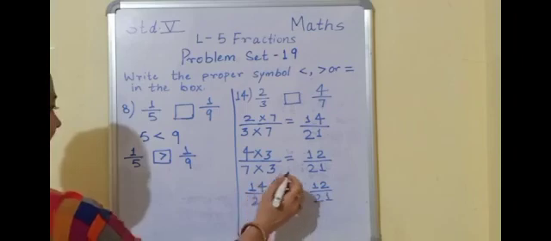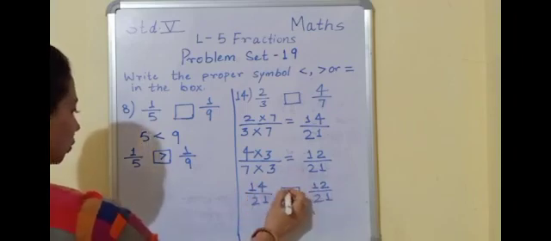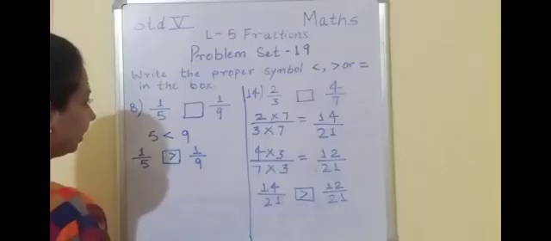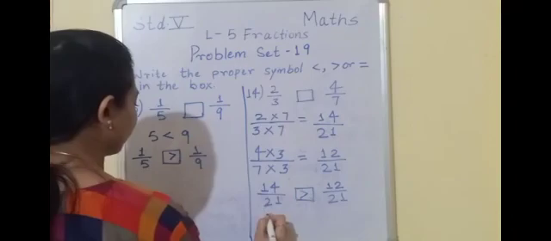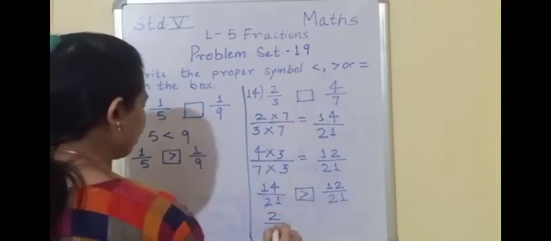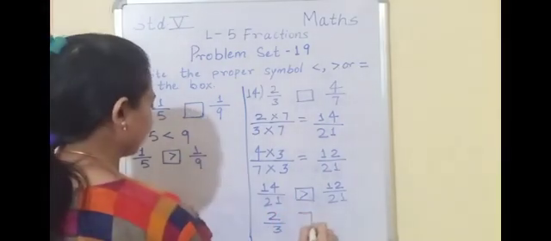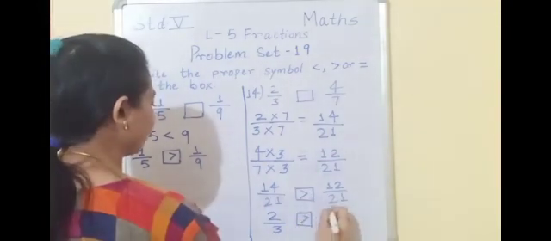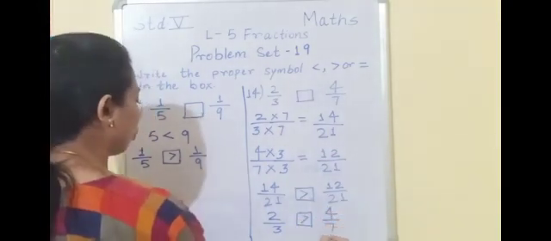As 14 is greater than 12, so 14 by 21 is greater than 12 by 21. Now comparing the given fractions, 2 by 3 is greater than 4 by 7.